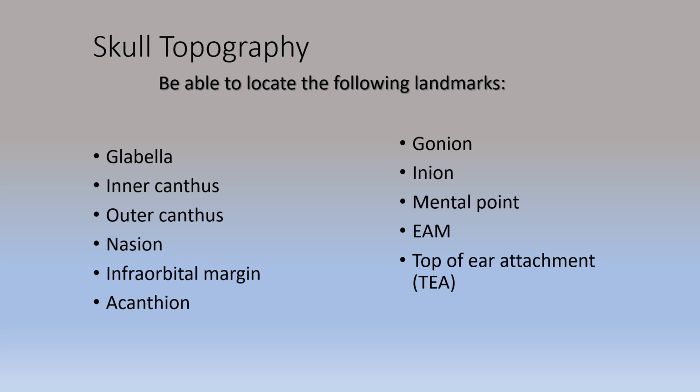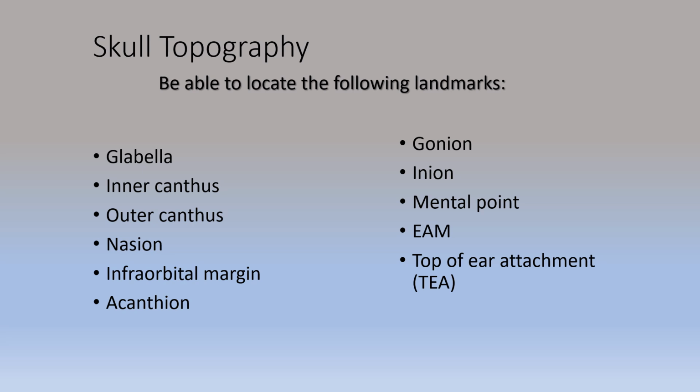I already mentioned the outer canthus. You're already familiar with the EAM. The top of ear attachment is pretty easy to figure out. And I think I mentioned the mental point when we did the Fuchs method, and the gonion, which is the angle of the jaw.